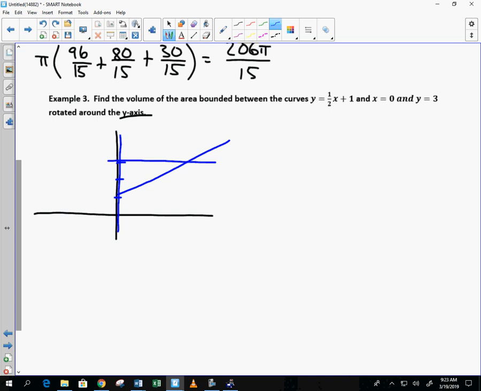Everybody agree that this is the area I'm working with? So if I'm going to rotate it around the y-axis, what I want to do is use horizontal rectangles.